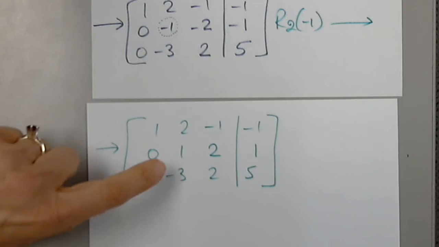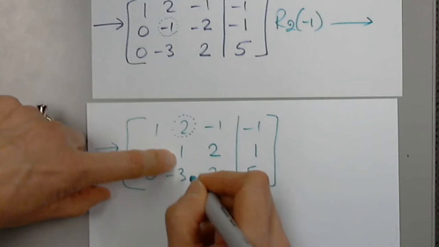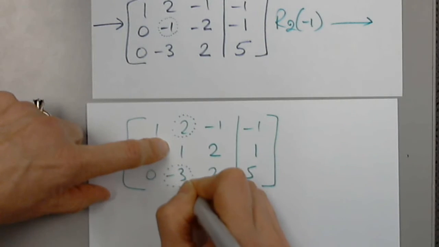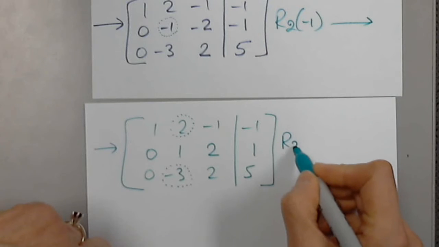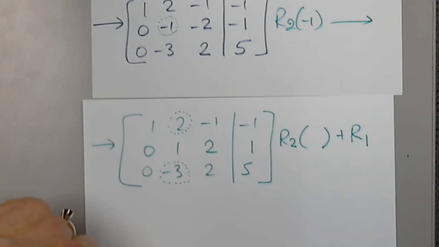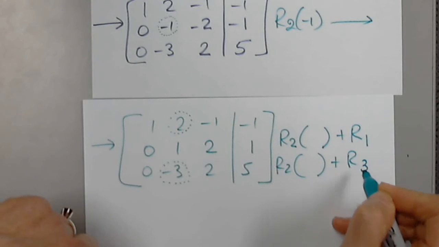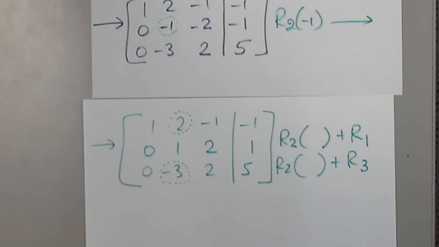So I have the 1. I need to obtain a 0 here, and I need to obtain a 0 here. Obviously, I will have to use row 2 multiplied by something and add it to row 1. And also row 2 multiplied by something else and add it to row 3 in order to accomplish those 2 zeros.